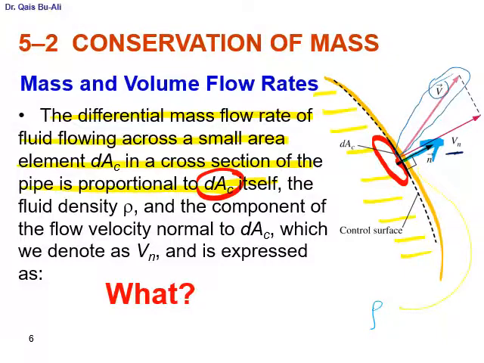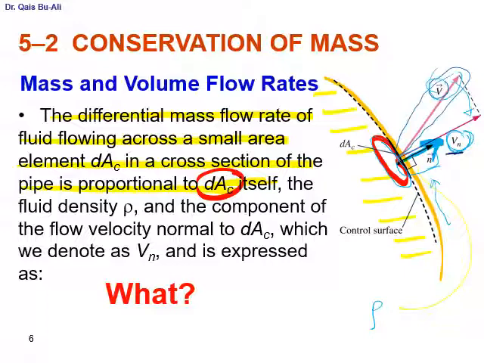And then there is a small n, this vector n, which is called the unit normal, normal to the differential area. And then I will take the normal component of the velocity, which is Vn. And this Vn is not a vector. This is just the normal component of the velocity vector.